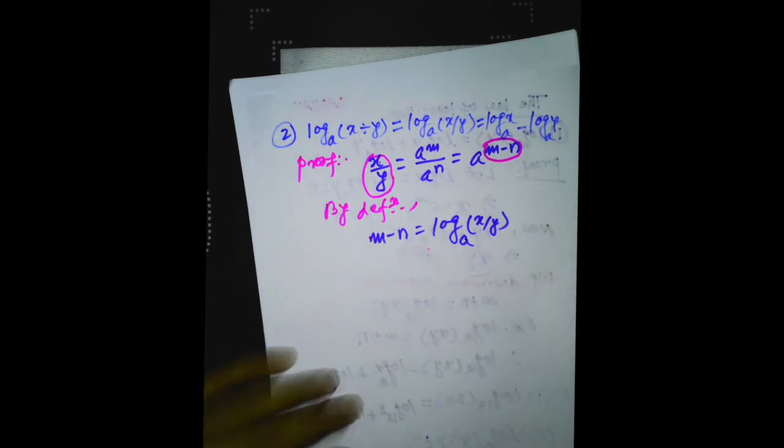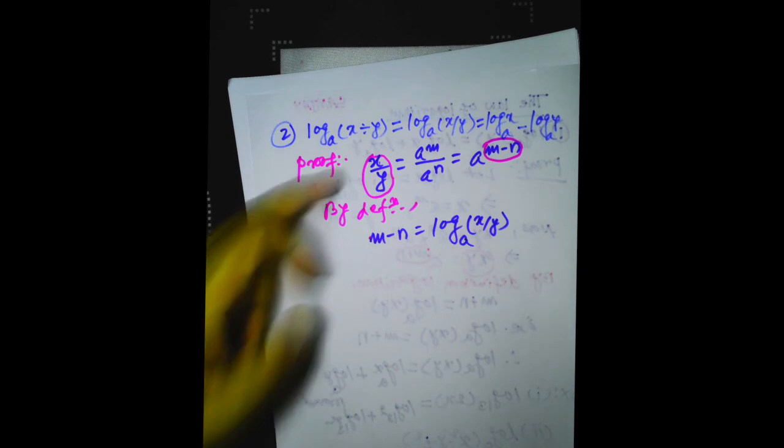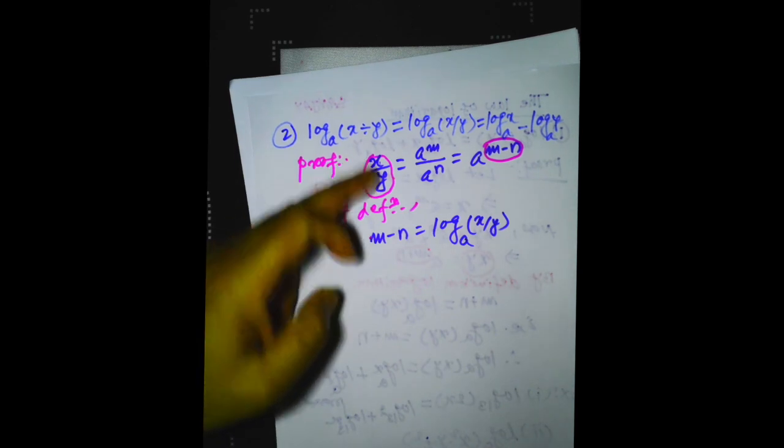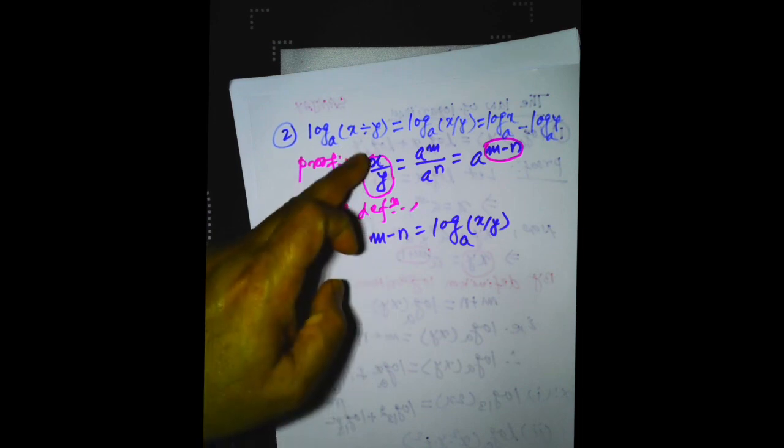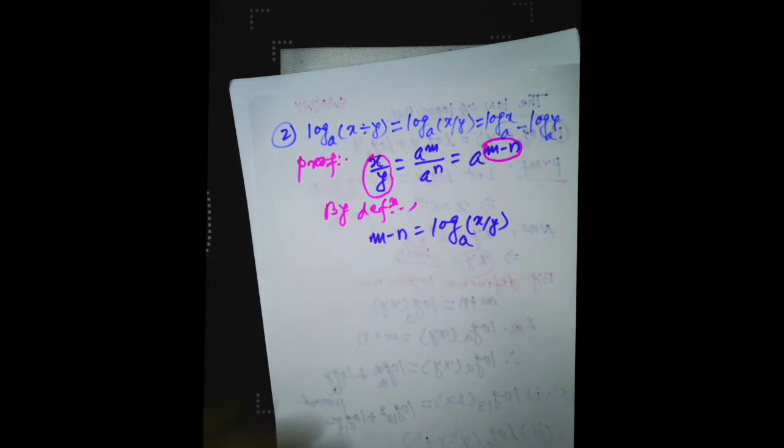So while finding the product rule, we multiplied the exponential forms of x and y, and for the division of the numbers we divide the exponential forms of x and y here.